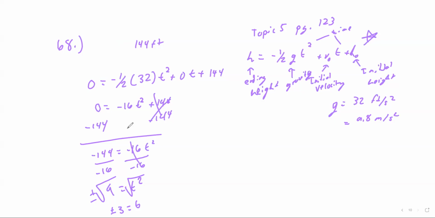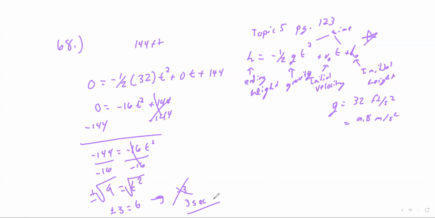With a word problem, you have to realize that you cannot have negative times. So you have -3 and 3, and -3 cannot be an answer. In this case, this would be 3, because time is measured in seconds. So it takes 3 seconds for a ball to hit the ground from 144 feet.